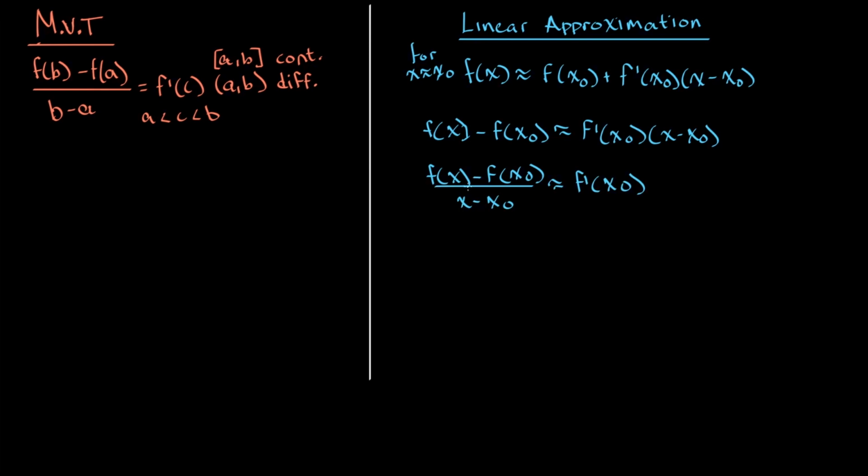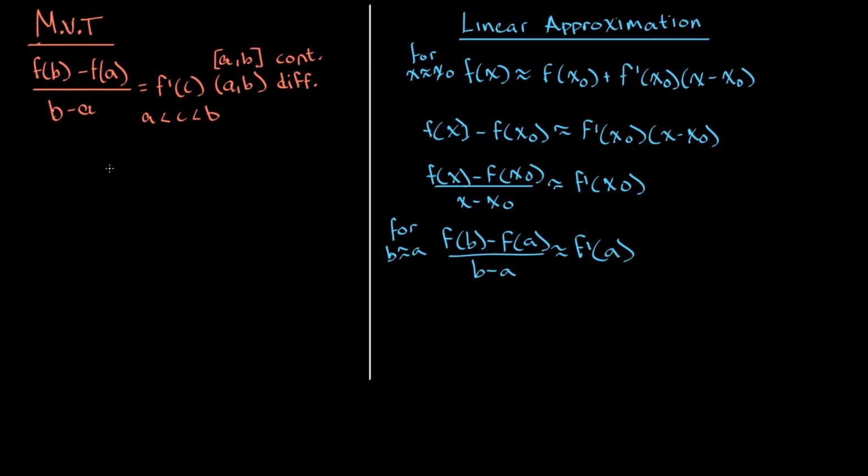Now, what we're going to do is let x be equal to b and x naught be equal to a. So for some b near a, we have f of b minus f of a over b minus a is approximately equal to f prime of a. All right, now you can see, whoa, these guys are looking similar fast, and they are.